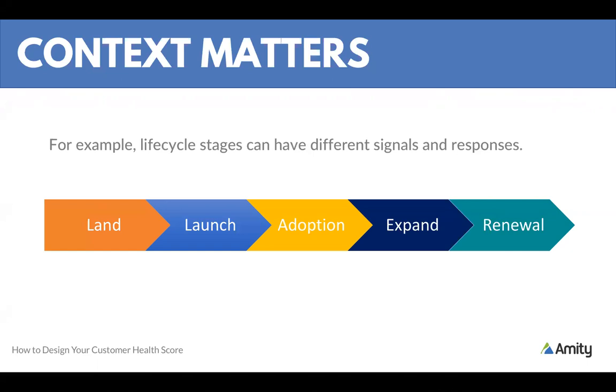And this can also be different industries, different types and sizes of businesses, different product lines, different regions. All of those things can have an impact on your health score. So while you may have a roll-up overall health score per account, the likely most useful ones are going to be very context specific.